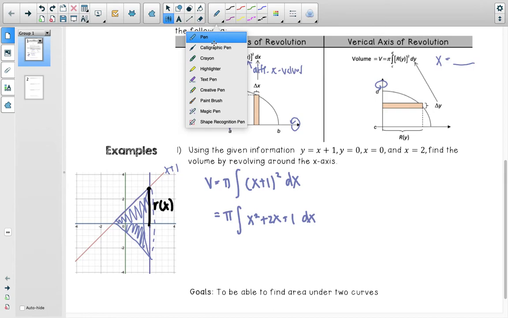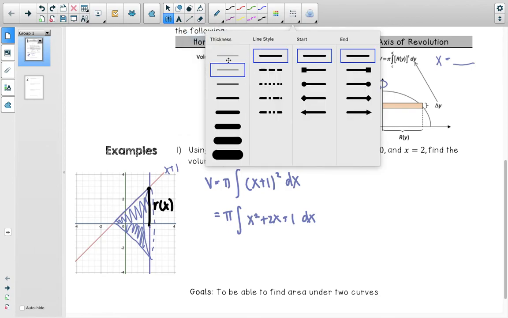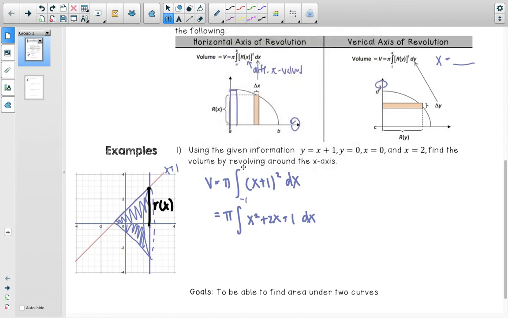So, pen is too thick still. So we're from -1 to 2. I'm sorry I changed the marker, it's probably going to bother you. We're going to integrate this so you get 1/3 x cubed plus x squared plus x, from -1 to 2.